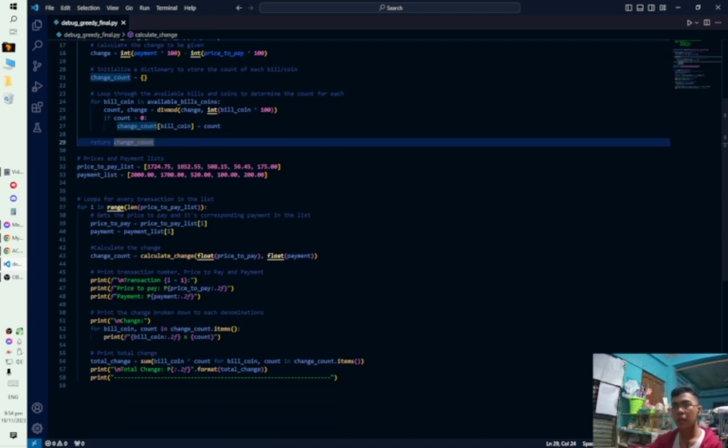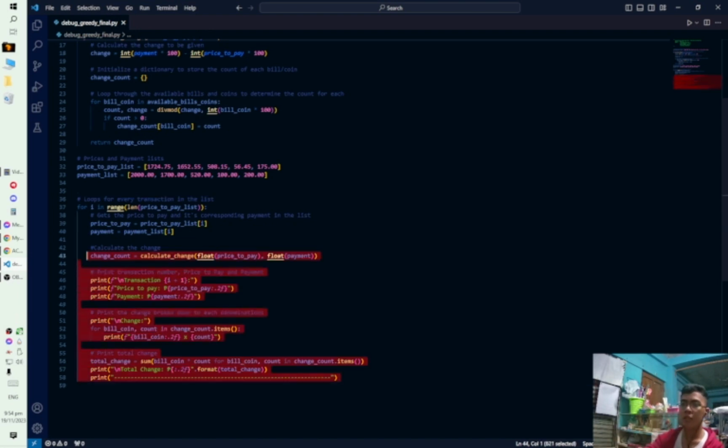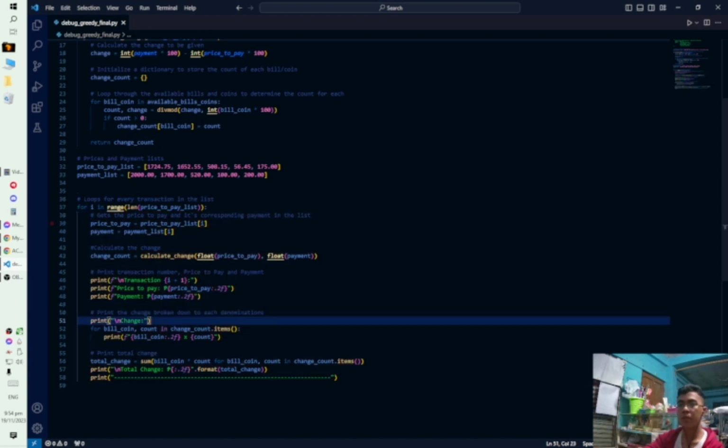Now, this is the list as I've said earlier, and this is the printing of the transaction. It's going to run this code for each transaction that we have. We have five transactions.